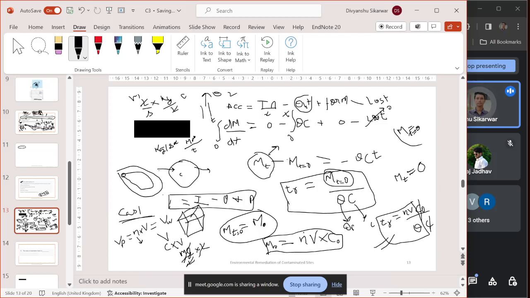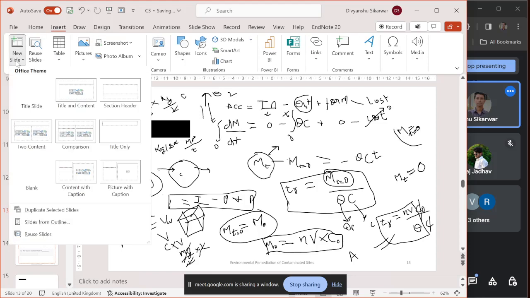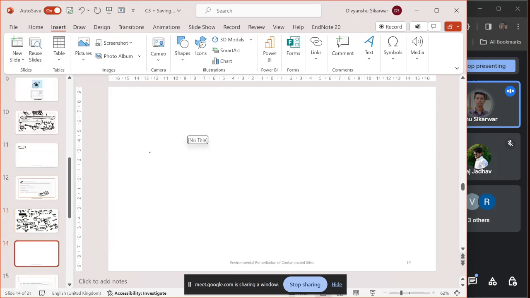Similarly, a similar formula can also be derived for case two, where the contaminant is aqueous as well as adsorbed. So let's insert a new slide. In this case two, where the contaminant is aqueous as well as adsorbed on soil, the MT value will be the total M naught value.